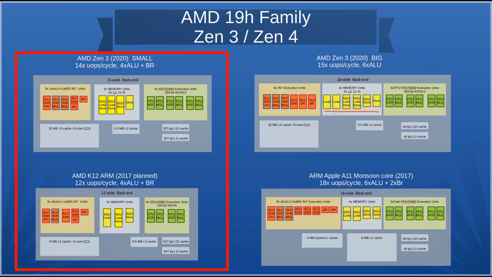It could be even more. The ratio should be like two load instructions per one store instruction, or 2.5 to 1. So they could be 4 load pipes and 2 store pipes. This is actually the maximum.